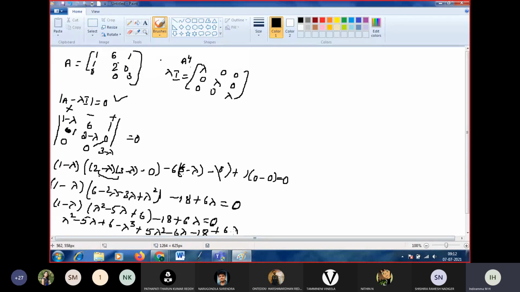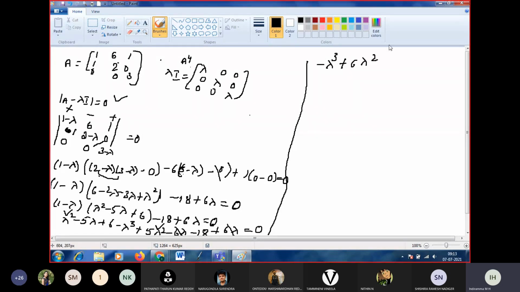So minus 6 lambda plus 6 lambda cancelled. So now what we got is the equation, minus lambda cube. Here we have 5 lambda square plus 1 lambda square, so plus 6 lambda square.